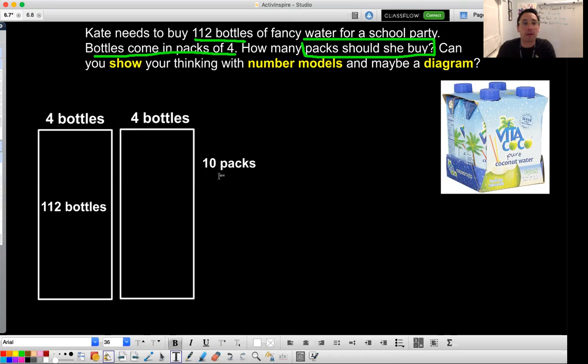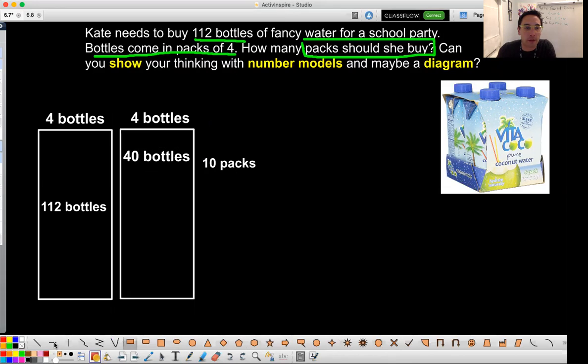Okay. So if I have 10 packs of 4 bottles, that would give me 40 bottles. Okay, that's not bad, but that's not 112. So what I need to do then is think about that as part of the answer.